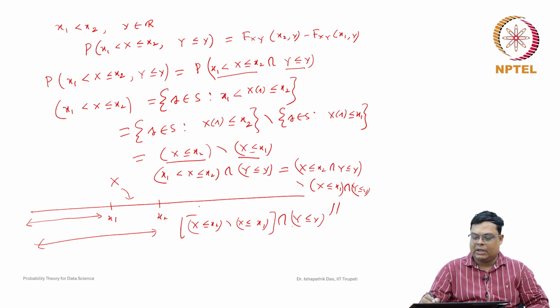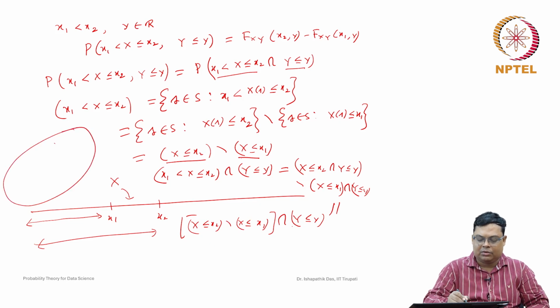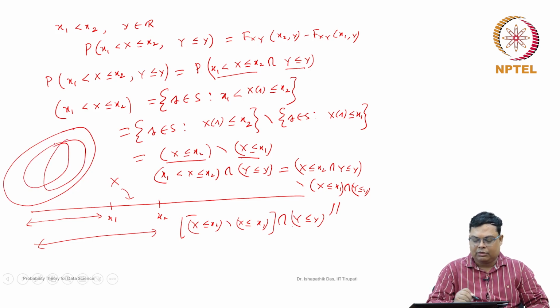Either way you can understand it, or you can also use a Venn diagram. Suppose this is X less than or equal to x2, and actually, one minute, there is some other importance also.